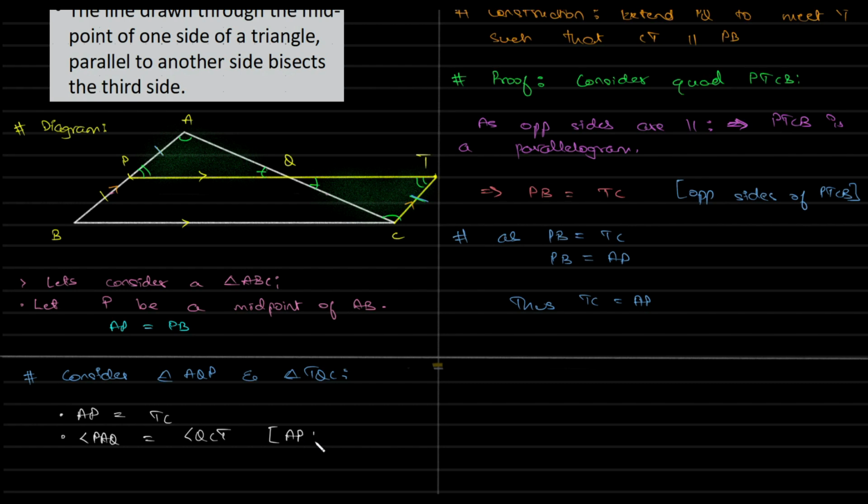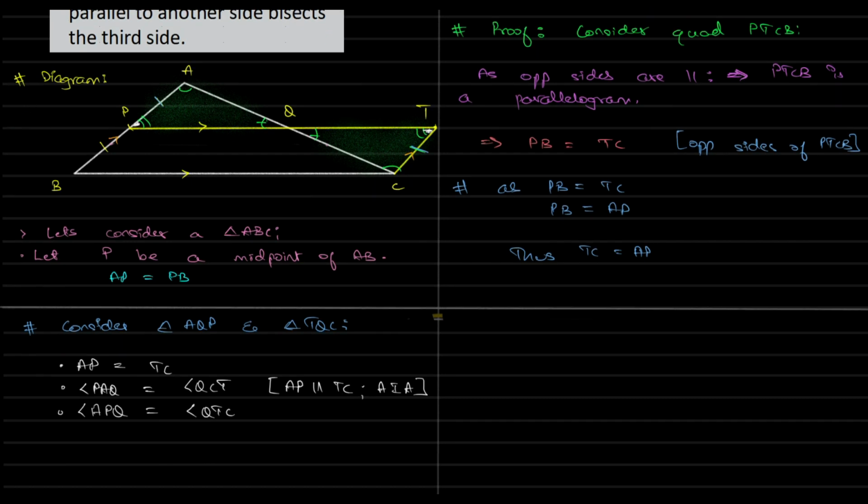Because AP is parallel to TC and these are alternate interior angles. And on the same lines, angle APQ, right, over here is equal to angle QTC over there. Same reason. So with all of this in mind, what can we conclude?